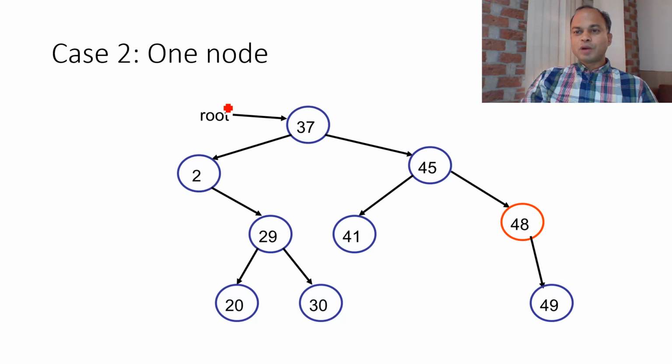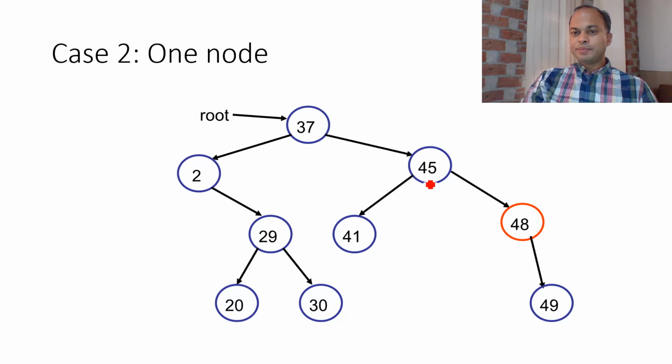Now we are discussing case 2, where we want to delete 48 and this node has one child. I mean, this is the case where a node has one child and we want to delete it. Here the further process is very simple. We have to link the parent of 48, which is 45, with the child of 48, which is 49.